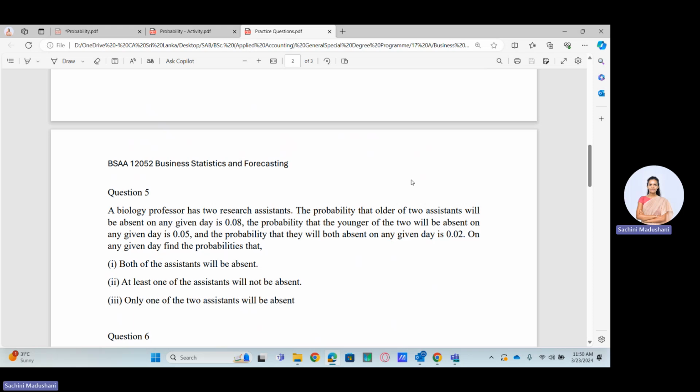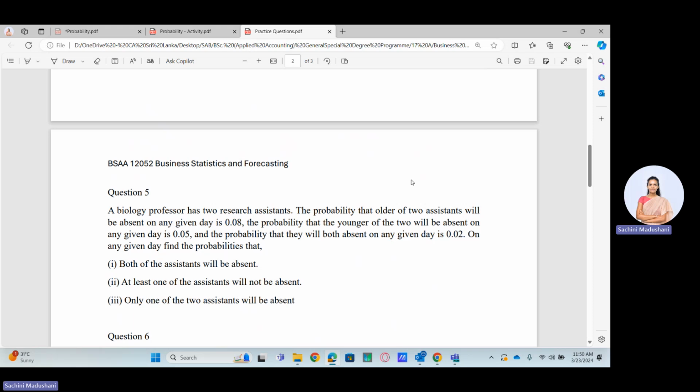Then what is the answer? The complement of the intersection. 2% is the probability value for both being absent. Then what is the probability that at least one of the assistants will not be absent? 98%, 0.98.